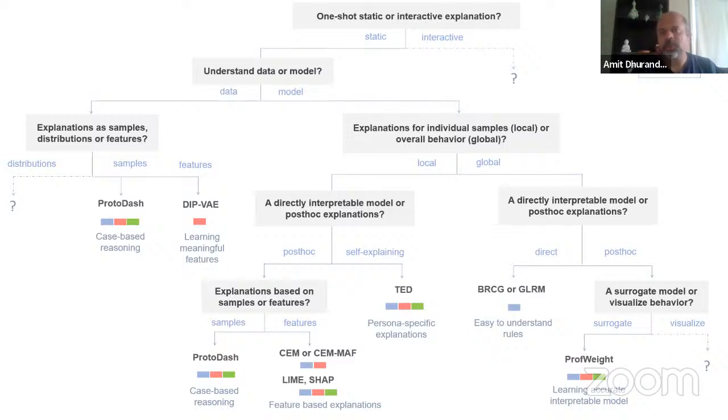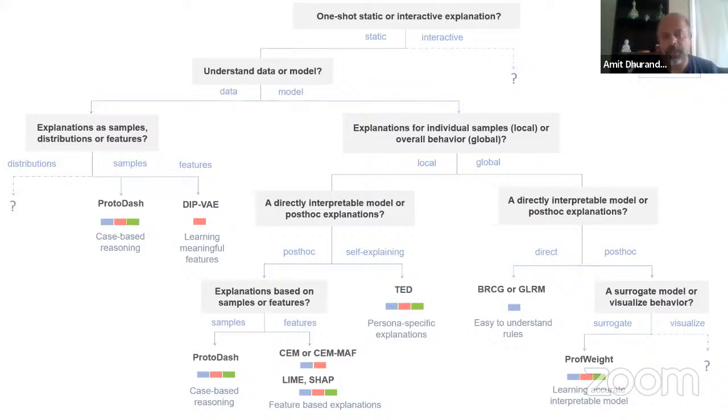The root is that you can have static or interactive explanations, and there's a lot of work on static. In that, you can either explain data or explain models. There's a lot on models mostly, but you can also have explanations for data. To understand a data set, it could be capturing a few representative samples as an illustration of what's happening in the data set.